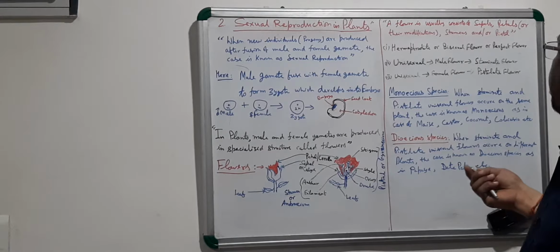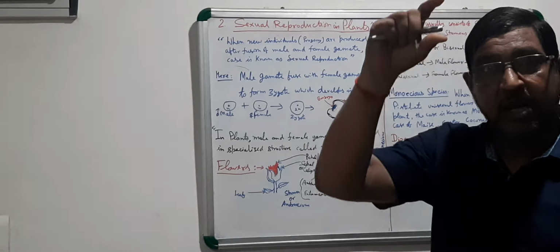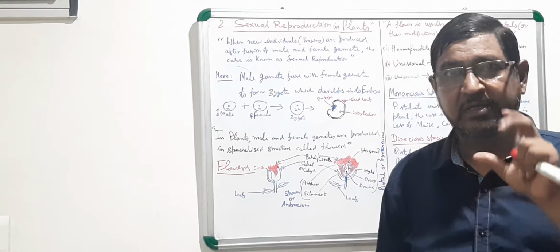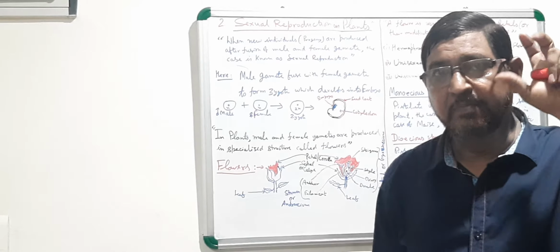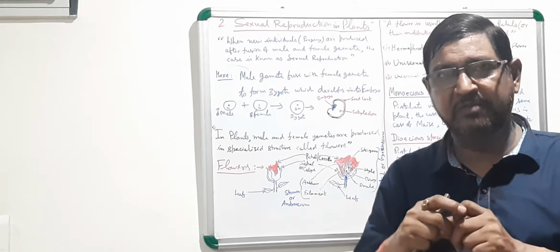The inflorescence at the upper portion is called the tassel in maize, which has the male flowers. And in the middle of the plant, you have the female flowers.